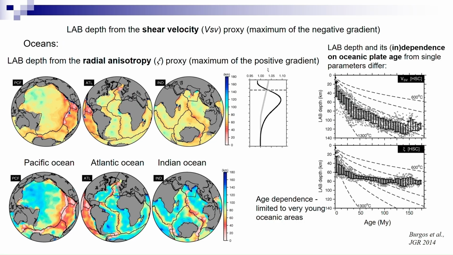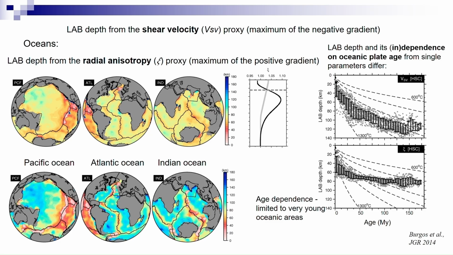Another possibility to determine LAB beneath oceans is based on changes of radial anisotropy, the upper wall. The LAB depth is set as the depth of maximum of the positive gradient of radial anisotropy. For comparison, the bottom row of figures shows the LAB depth from the gradient of the shear velocity as on the previous slide.